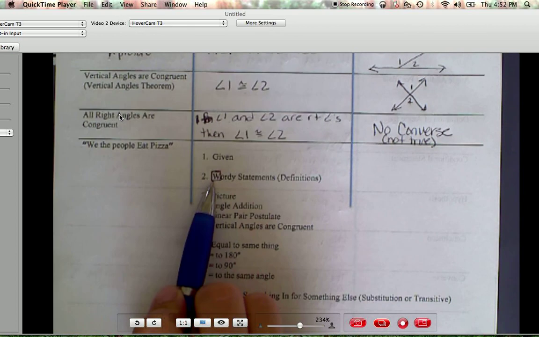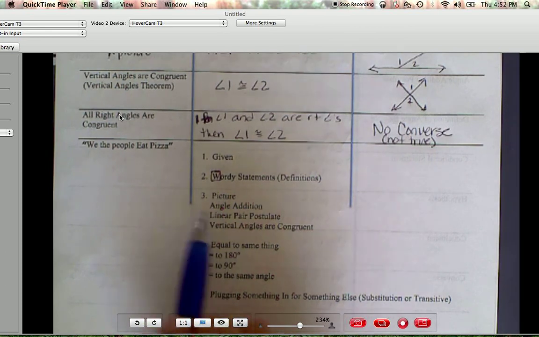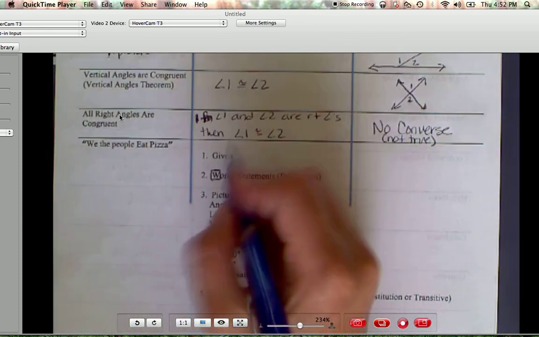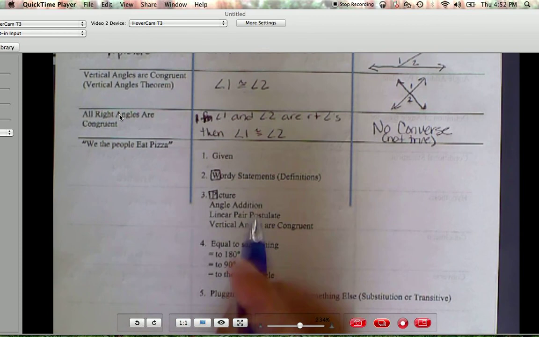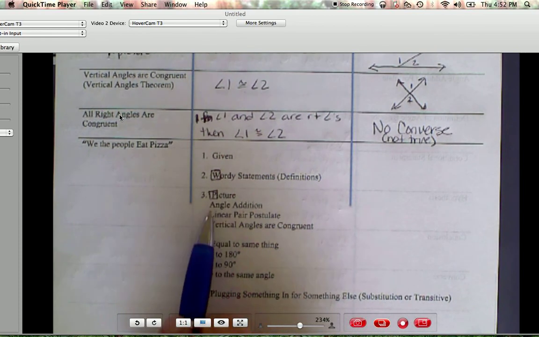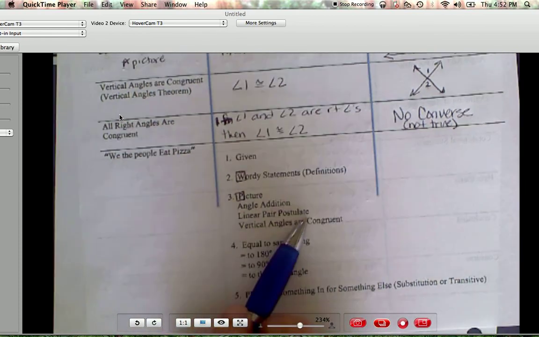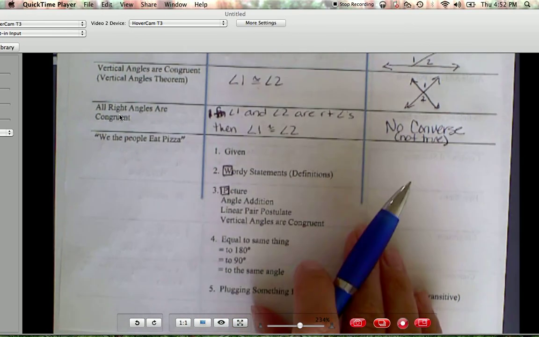We want to undo any wordy statements. So if a proof has a wordy statement in the given, you want to undo those first. When you're all done undoing the wordy statements, then you want to go to the picture and find anything you can from the picture, like angle addition, linear pair postulate, or vertical angles are congruent.